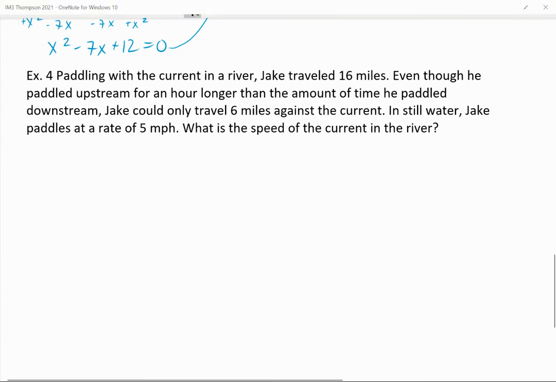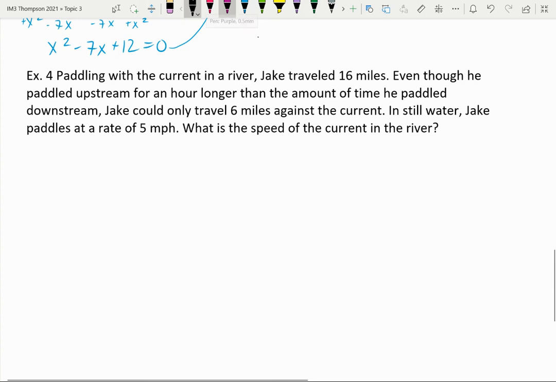So, a lot of detailed information here. The setup is going to be the toughest part. When you're doing one of these distance, rate, and time problems, my recommendation is to create a table. So, let's look at that. I'm going to make a row for downstream, and a row for upstream.